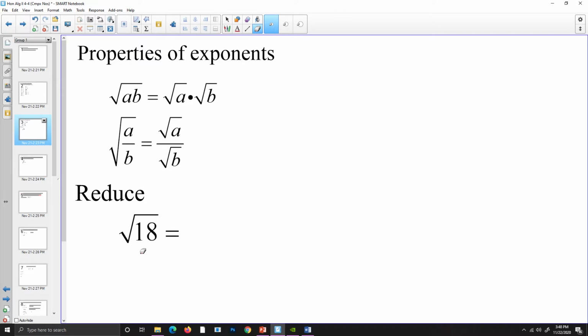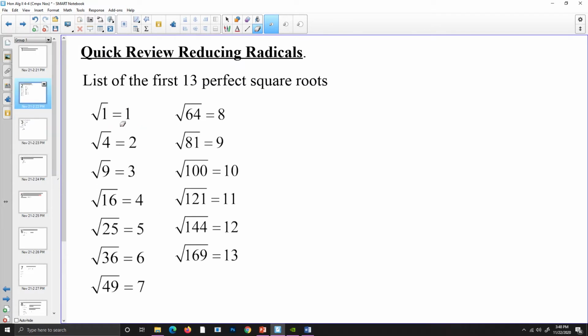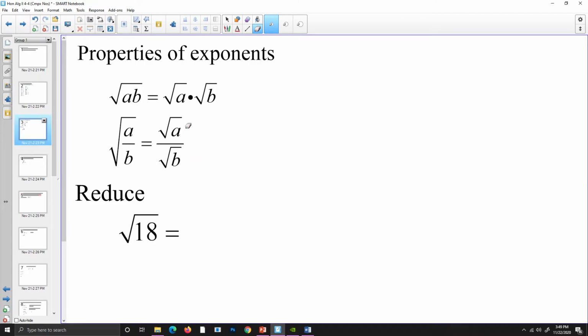Now you'll notice that 18 is not in this list of perfect square roots, but it does have a factor that is. 9 is a factor of 18. So I can rewrite this expression as the square root of 9 times 2. That gives me the 18.